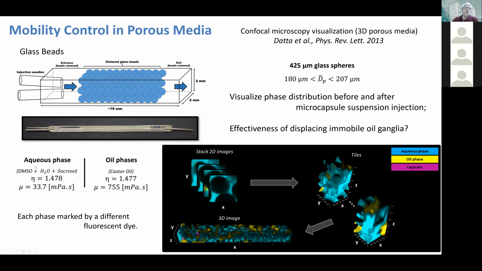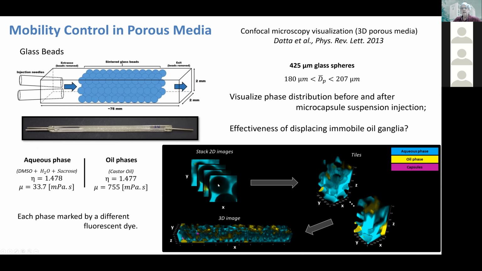So I won't go into the detail of confocal microscopy here, but the phases need to have exactly the same refractive index in order to be able to get the images. This is a tricky case that we need to play around with to get the right viscosity level and refractive index level. We marked all the different phases with a different fluorescent dye.